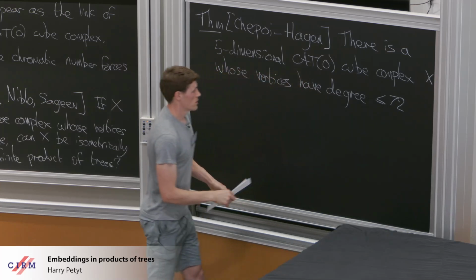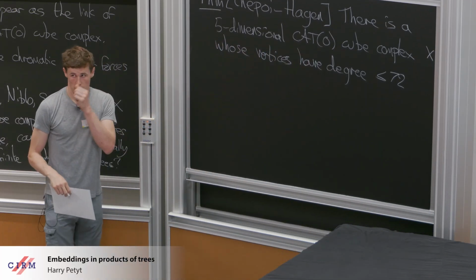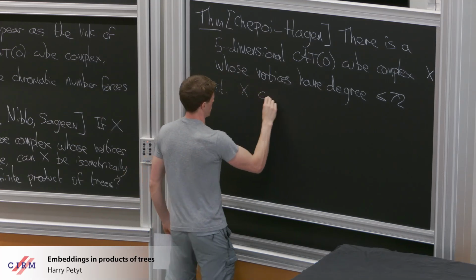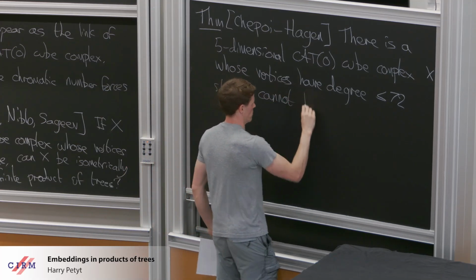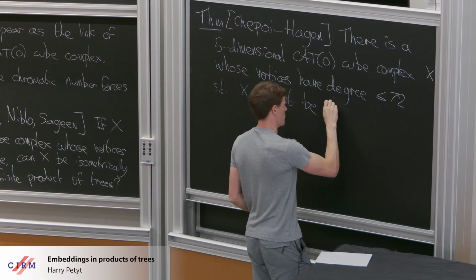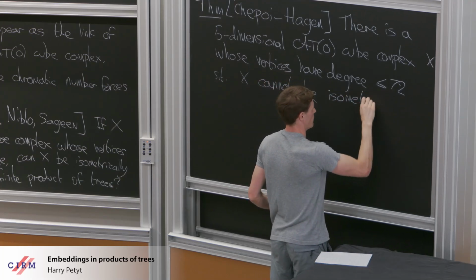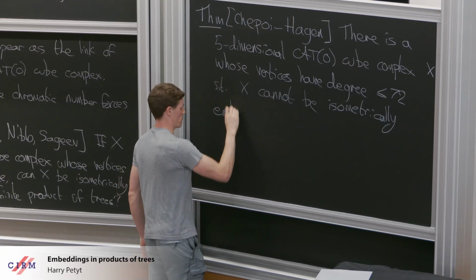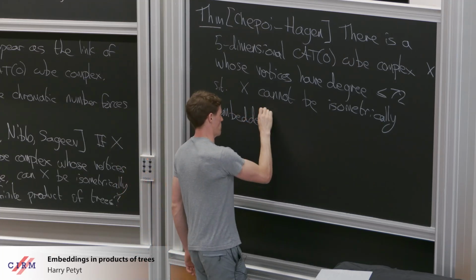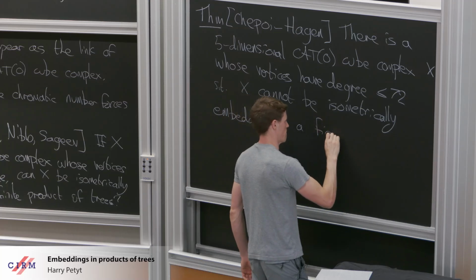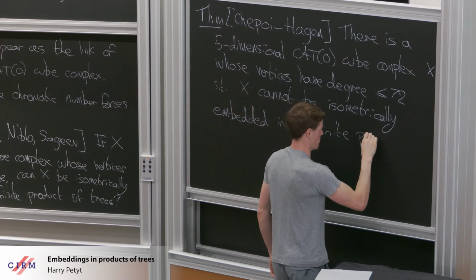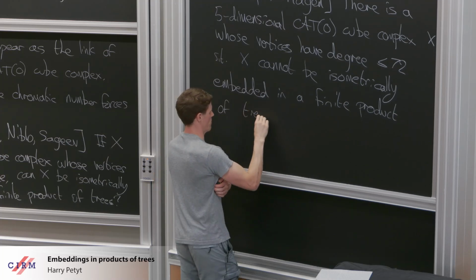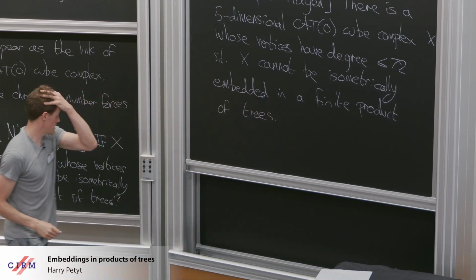Call it X. And this X cannot be isometrically embedded in a finite product of trees. Okay, so this answered this question.